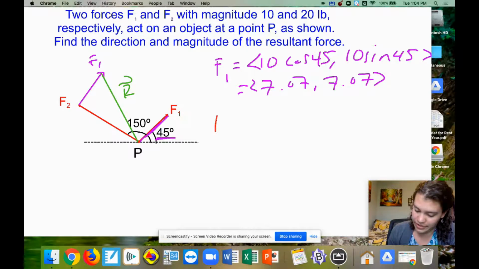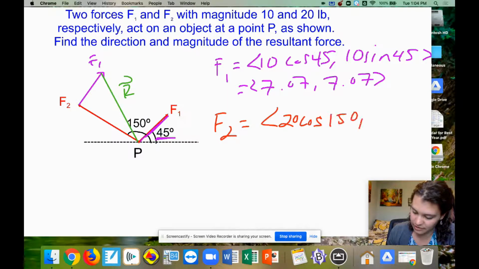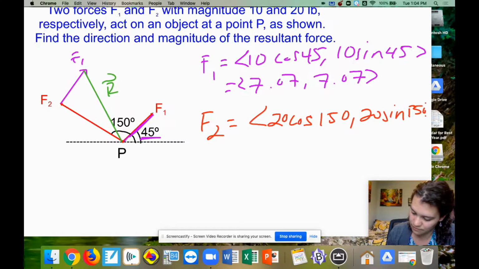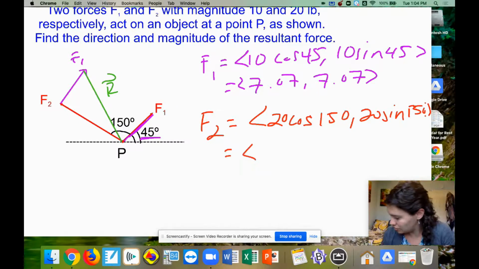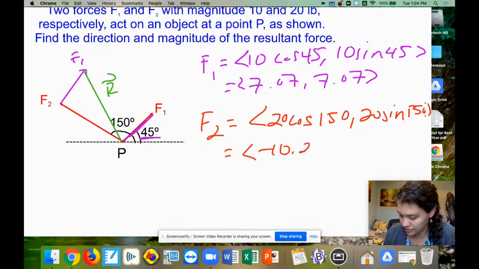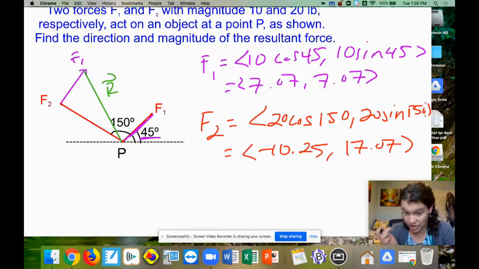Then find your second vector with 20 cosine of 150, 20 sine of 150, plug that in, and you should get -17.32 and 10. If for some reason you're not getting numbers I'm getting, check to make sure you're in degrees. It's usually the most basic fix.